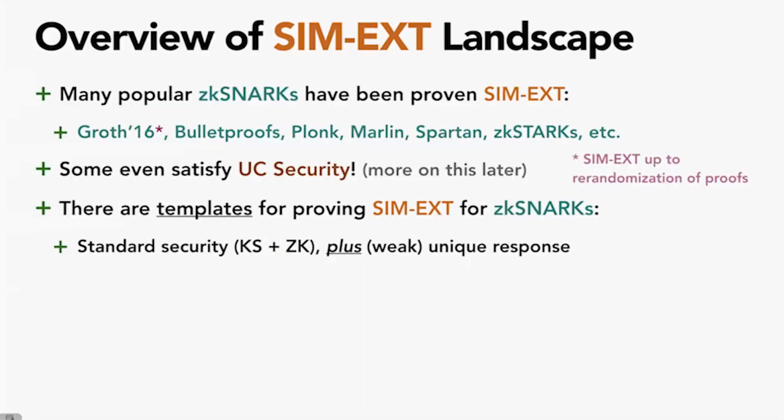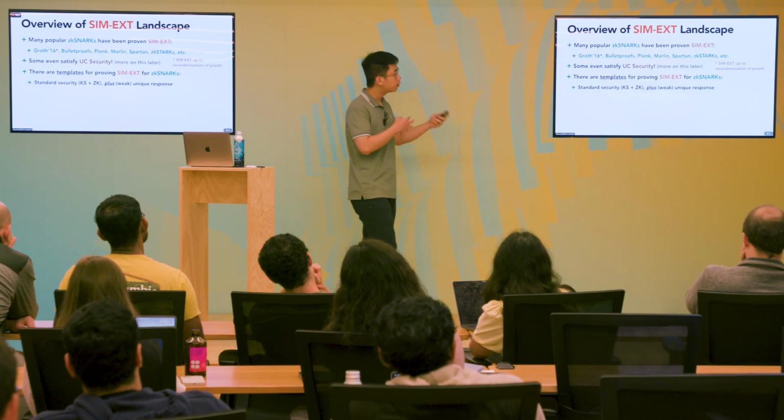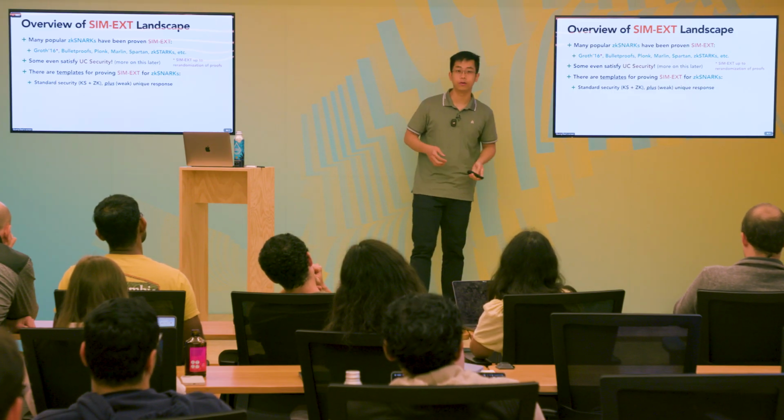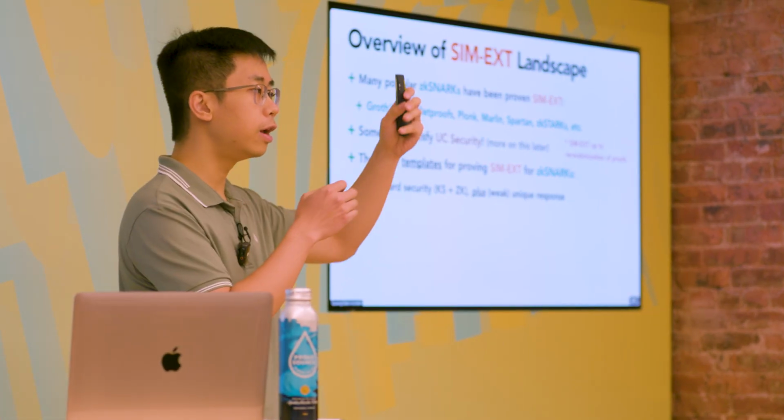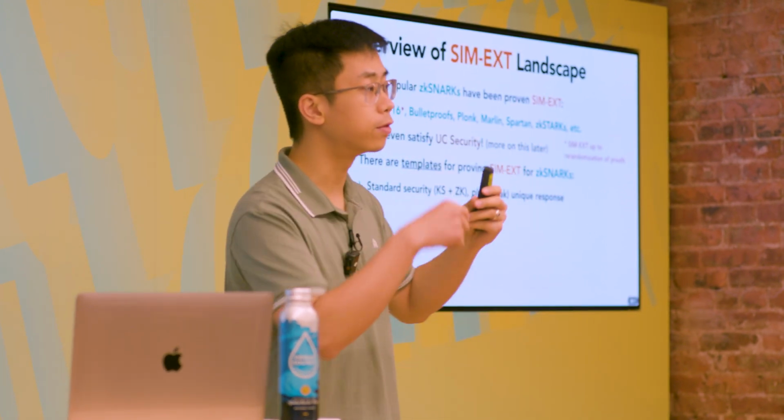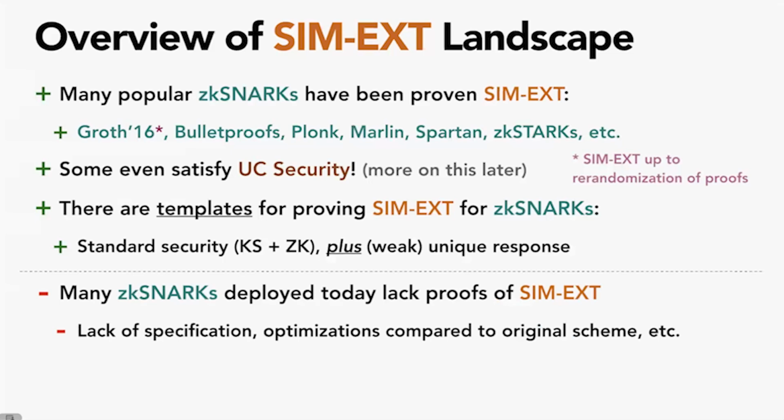And there are now established templates for proving simulation extractability for SNARKs. It basically boils down to the standard security properties, knowledge soundness and zero knowledge, plus a very mild property called weak unique response. I'll get to that later. It basically says that given a SNARK proof, you cannot continue it in a different way at any point during the SNARK proof. On the downside, it turns out that many SNARKs deployed in practice lack a proof of simulation extractability.